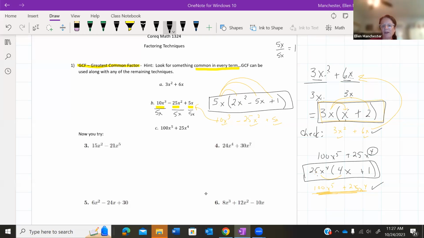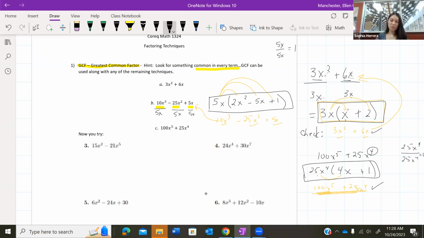So anytime you're dividing out the exact same thing, so like down here, 25x to the 4th, I divided by 25x to the 4th, and that also equals 1.